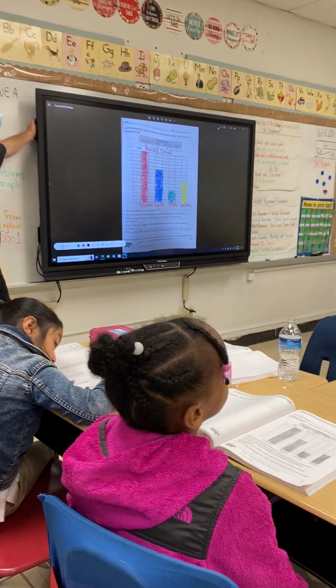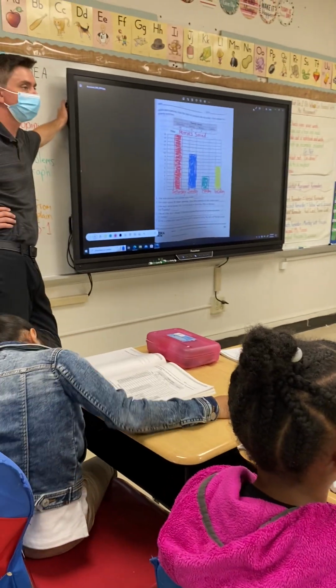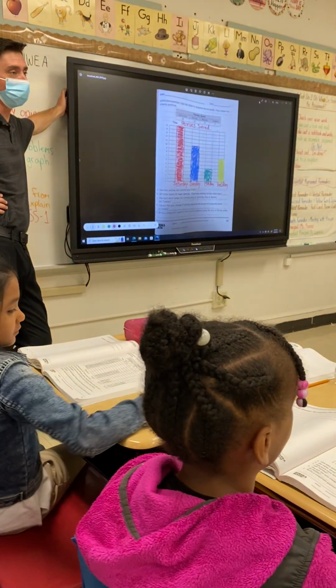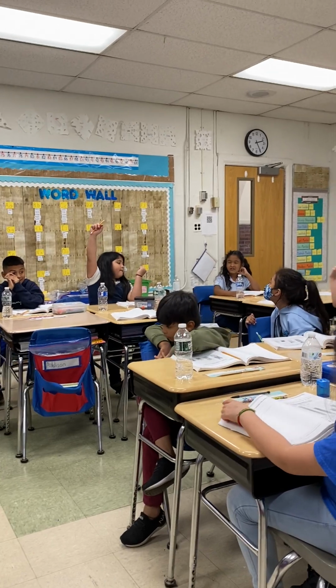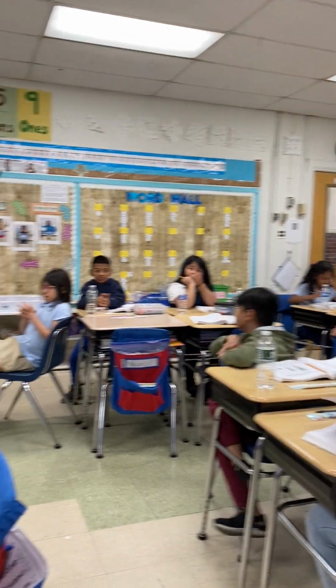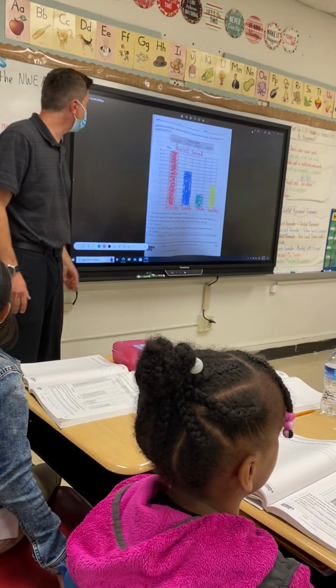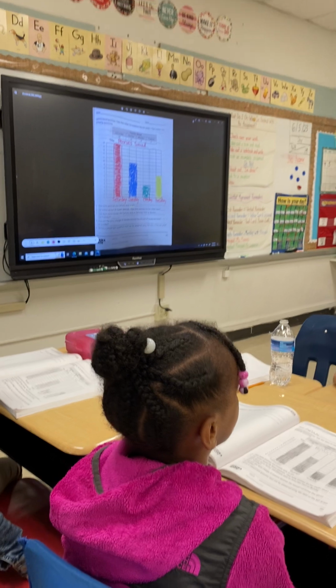What does in all usually mean in a word problem? What operation? Together? Right? And what does together mean? The operations are addition, subtraction, multiplication, or division. Addition? Yeah, when we put things together, we're adding. So how many pennies did Calista save in all? And we know we're going to add.